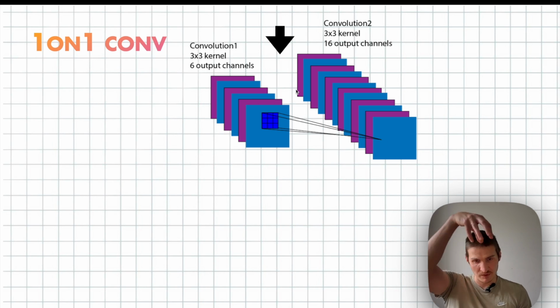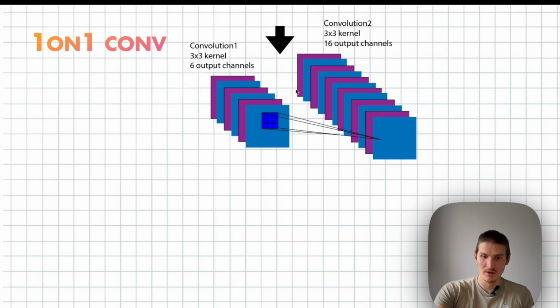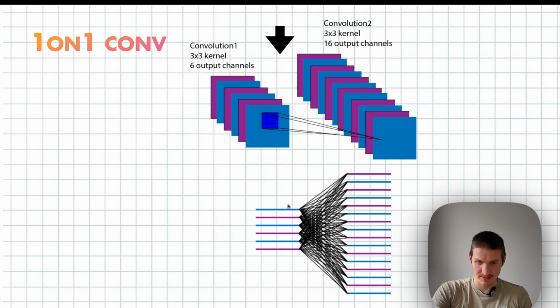But then if you look at this picture from the top, what you'll also see is that every channel in the incoming image is connected to every channel in the output. So there are a lot of connections there. I realized how many there are by just drawing all of them. There's a lot of them.